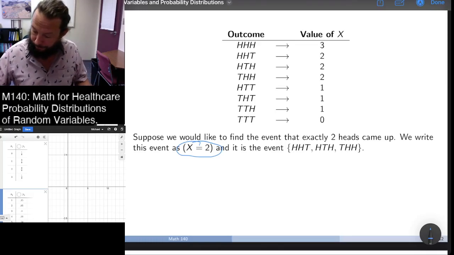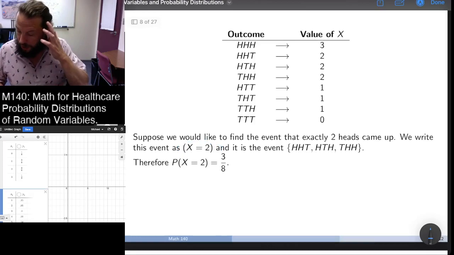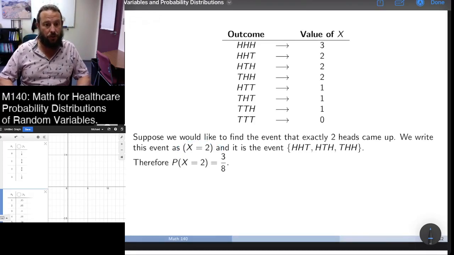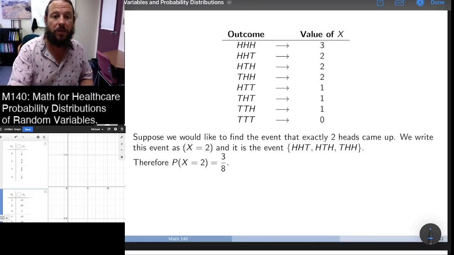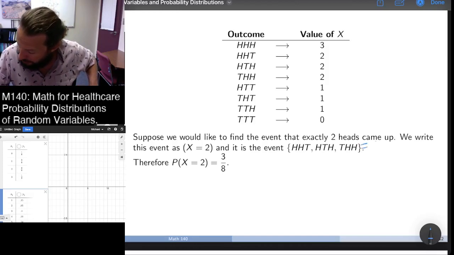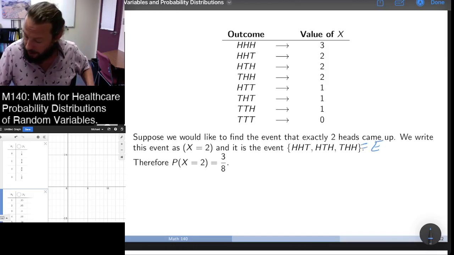And so here we could find the probability of that, right? The probability of x equal to 2 is 3/8. Again, that would be the same thing as the probability of this event over here, and let's say that's E, that's equal to the probability of E.